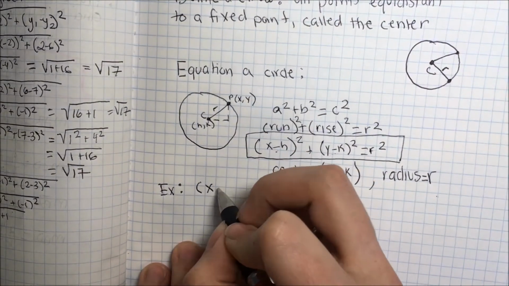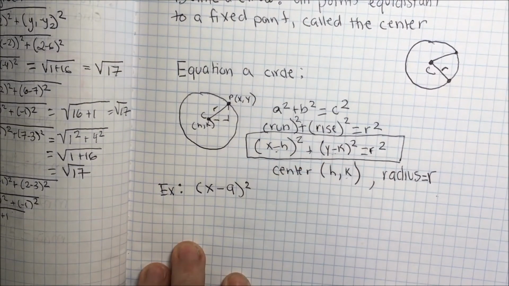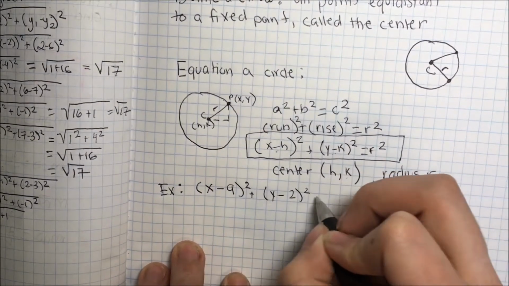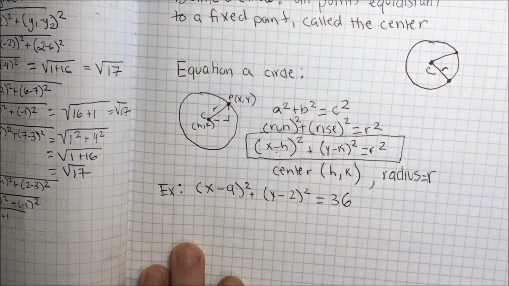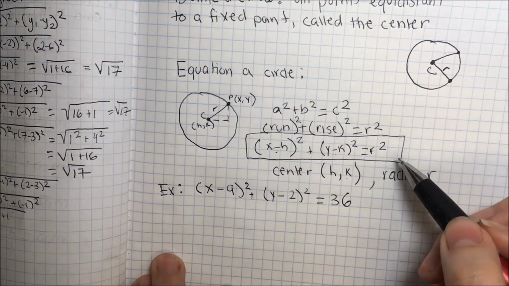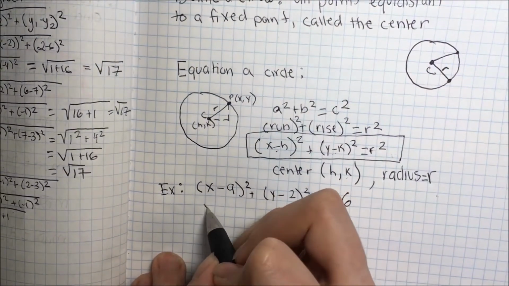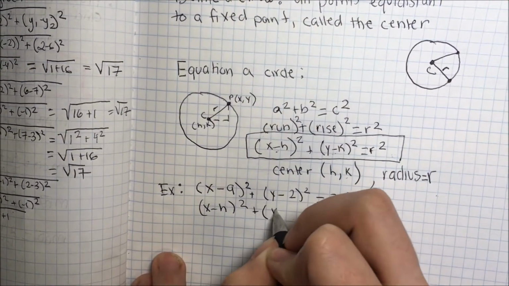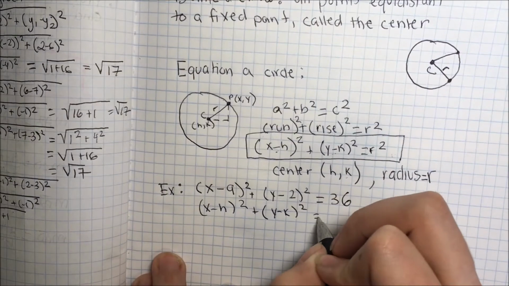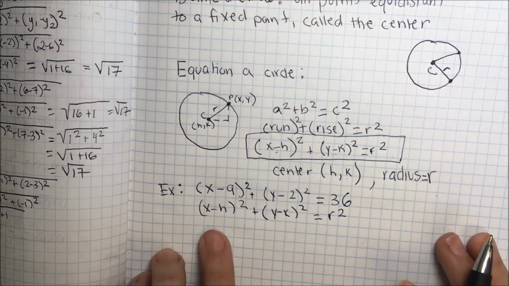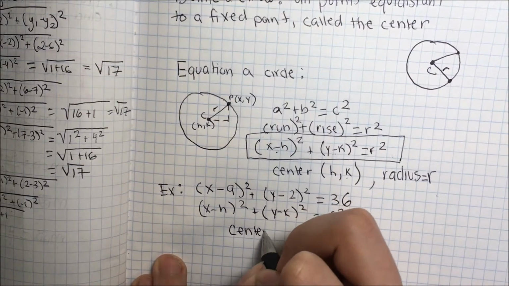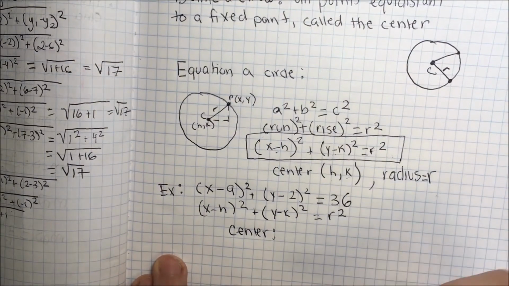So we have x minus 9 squared plus y minus 2 squared equals 36. So first thing you do is write our equation of a circle underneath it. So x minus h squared plus y minus k squared equals r squared. So our center would be (h, k).